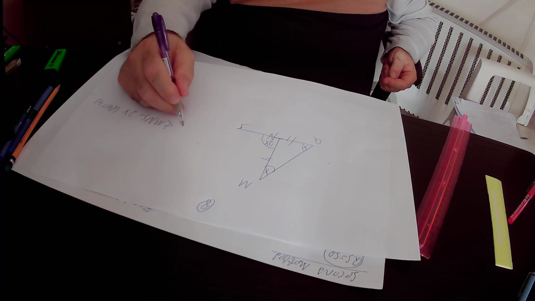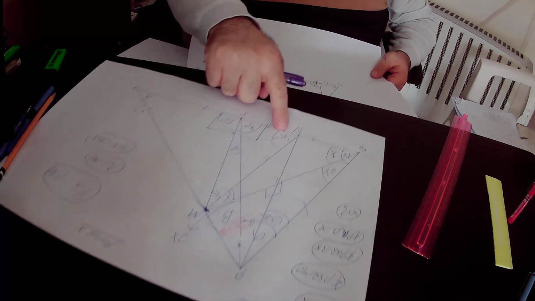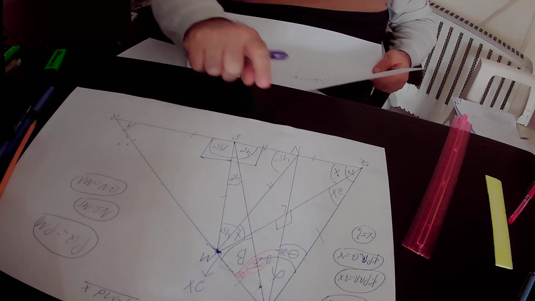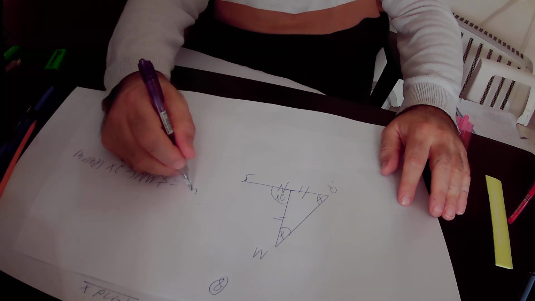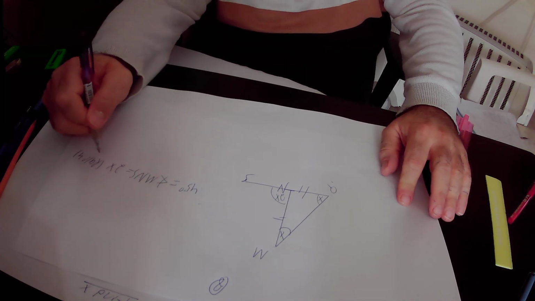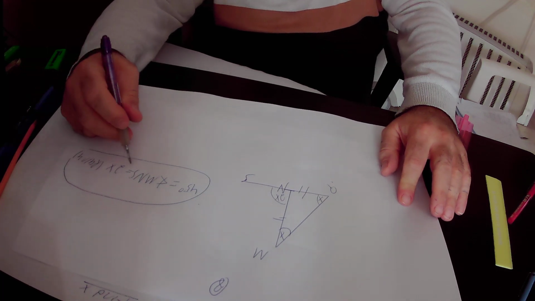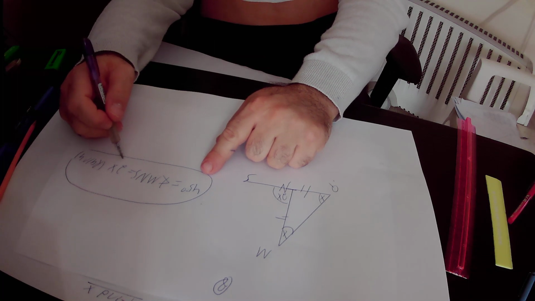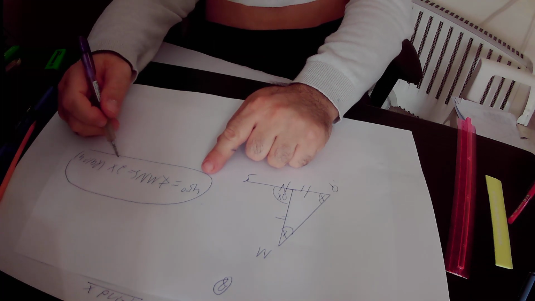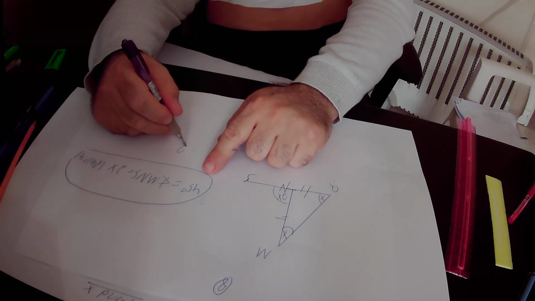But from the other side, we have already found out that angle MNS, this angle, equals 45 degrees. Okay, so we actually found out this 45 degrees equals angle MNS equals 2x. From this equation, we will derive that 2x equals 45 degrees.